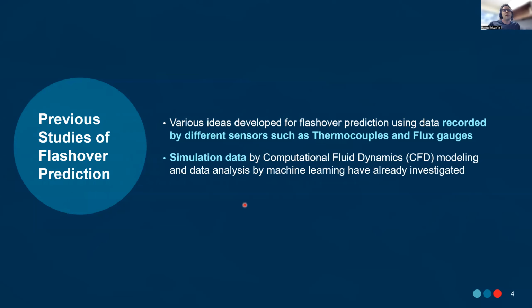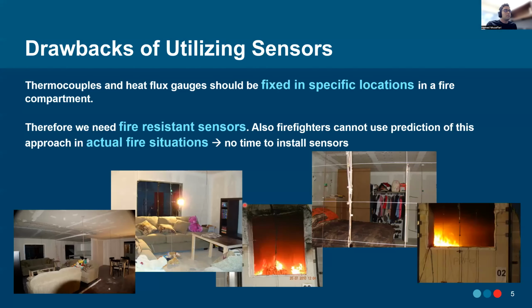Just by using data from one room, we cannot generalize the idea to other fire incidents. For this reason, many researchers also use simulation data using computational fluid dynamics, and they proposed some machine learning methods to predict flashover in fire incidents using sensors.